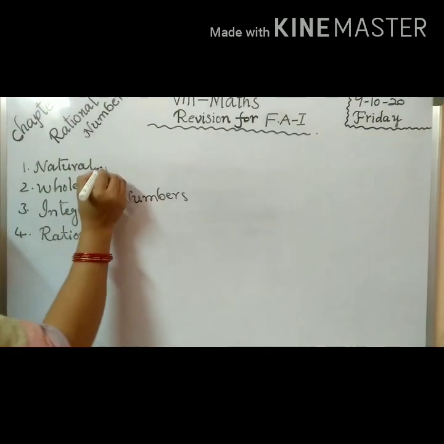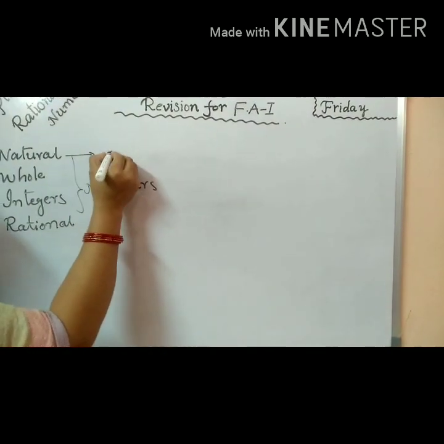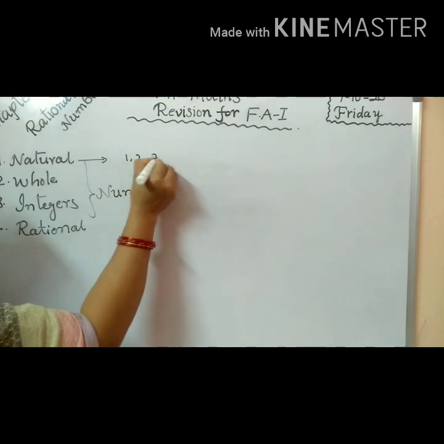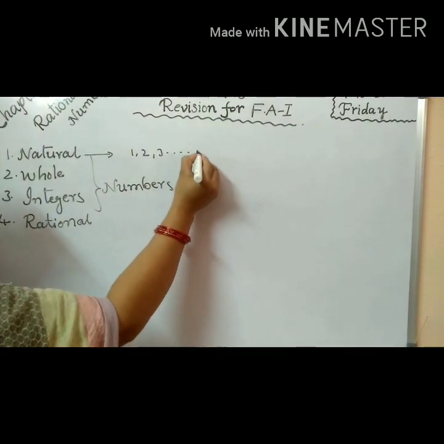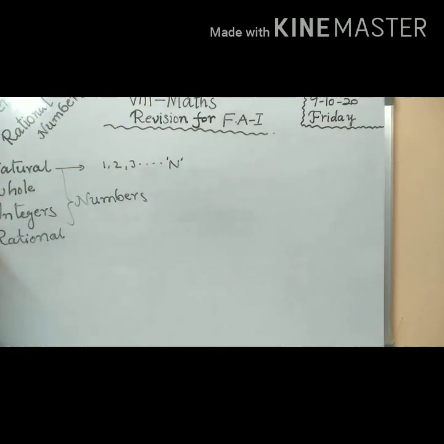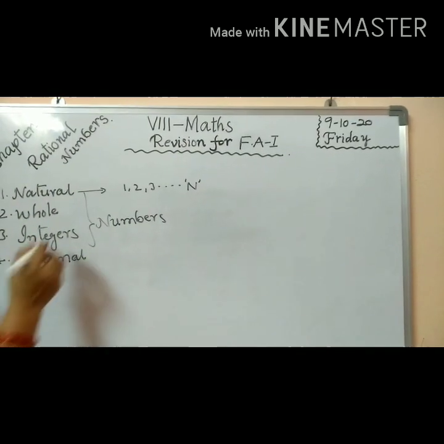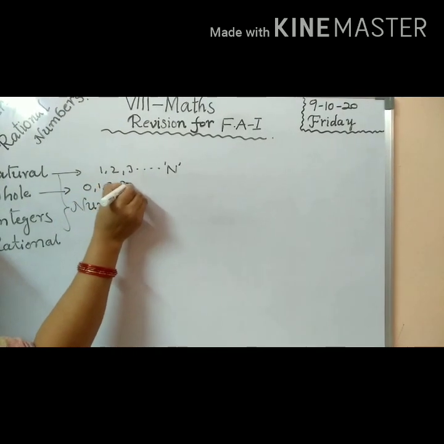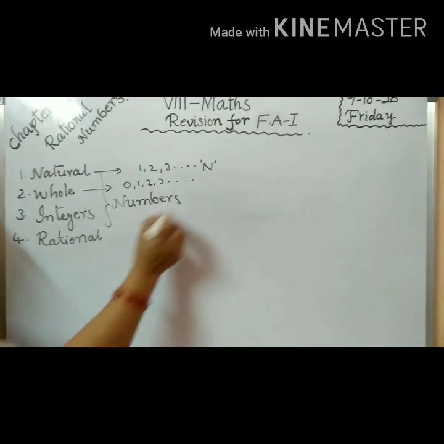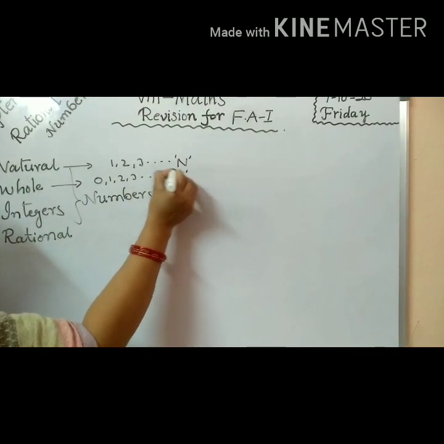Natural numbers are counting numbers: 1, 2, 3 and so on. They are denoted by capital N. All the natural numbers along with 0, that is 0, 1, 2, 3, 4 and so on, are whole numbers, denoted by W.